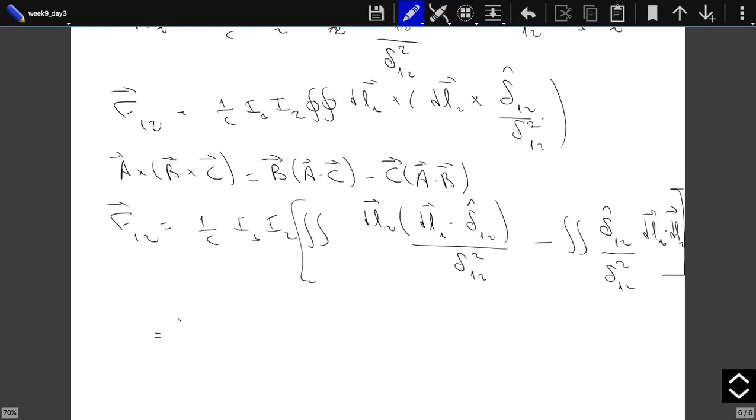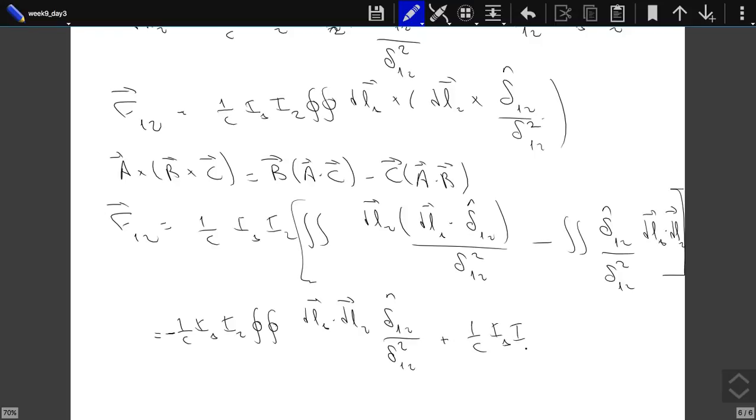Let me rewrite it: 1 over C I1 I2, this double integral dL1 dot dL2 delta 1,2 hat divided by delta 1,2 squared, with a minus sign, plus 1 over C I1 I2 dL2 dL1 dot delta 1,2 hat divided by delta 1,2 squared.